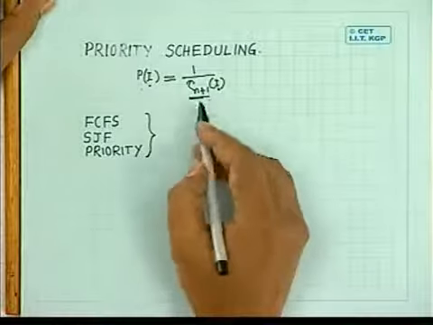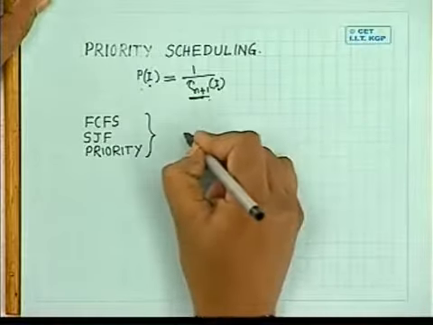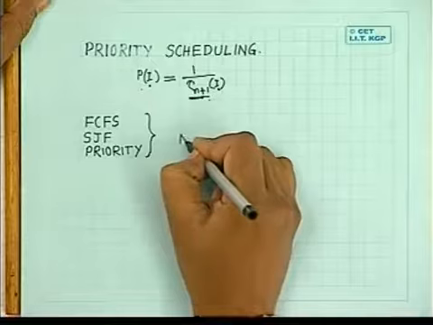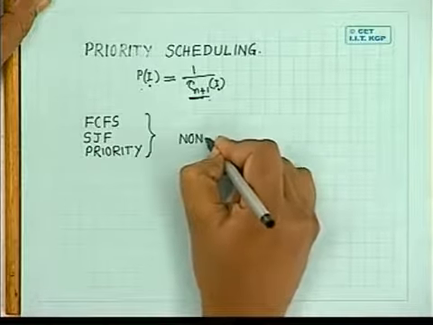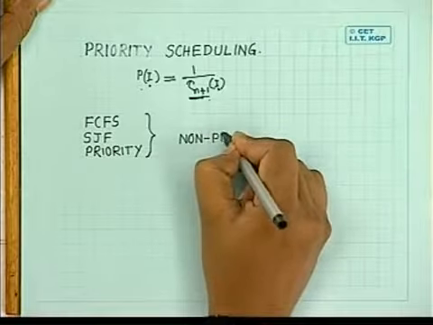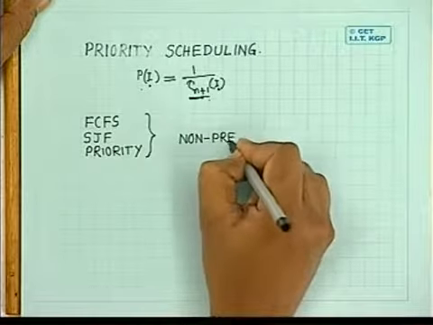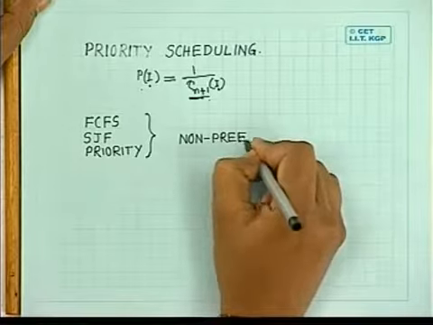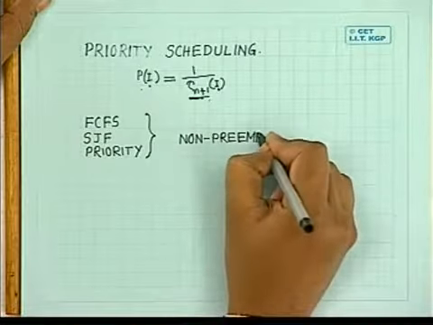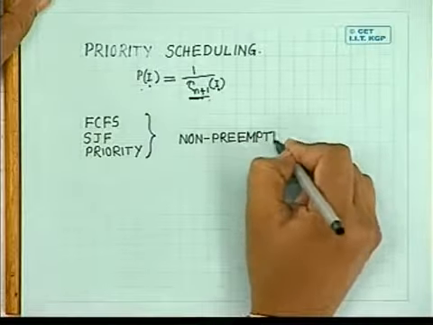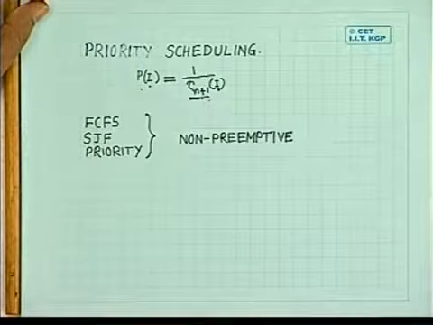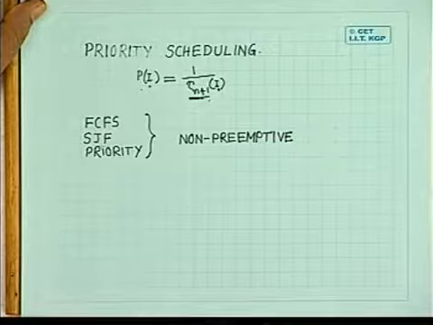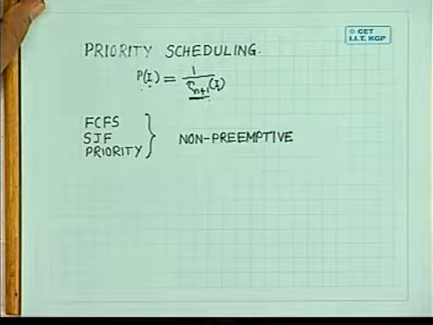These three CPU scheduling techniques are normally known as non-preemptive scheduling.